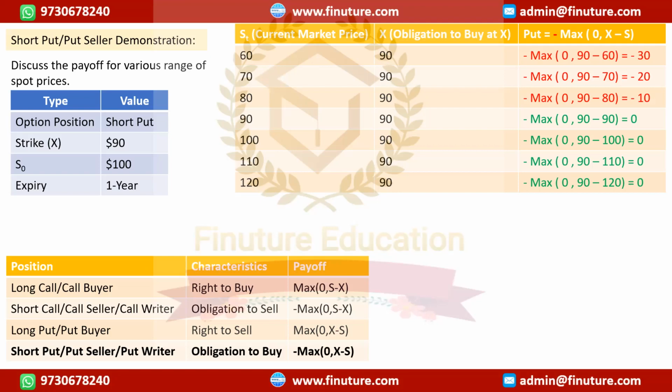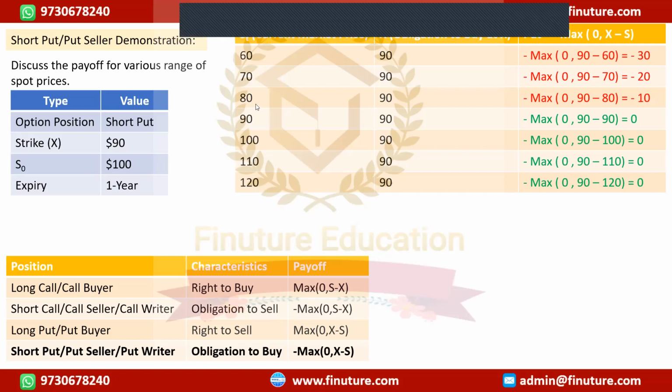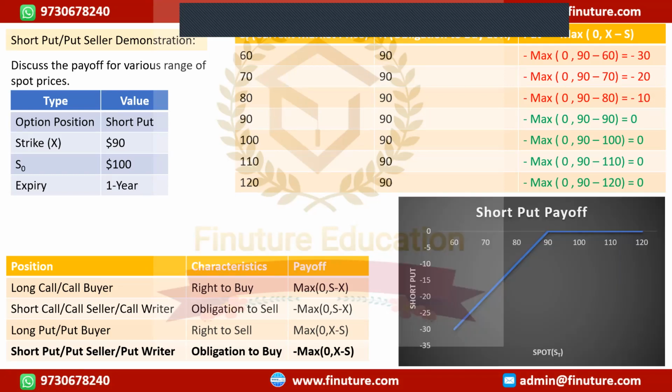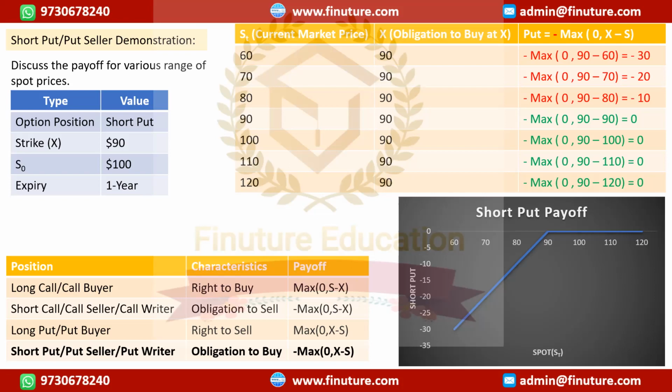Same example, but whatever was a gain when our spot falls below your strike would be a loss for a short put party, and this is what the payoff would look like. If I keep a mirror on the x-axis and get a mirror image of the long put, it will be a short put. Whatever is a gain for a long put would be a loss for a short party.